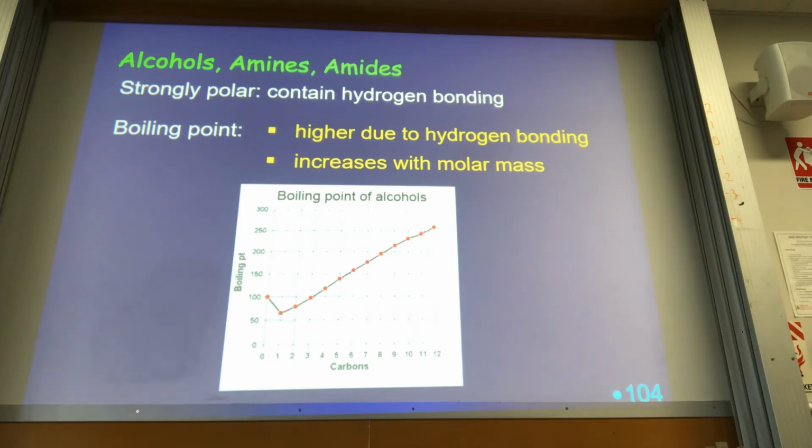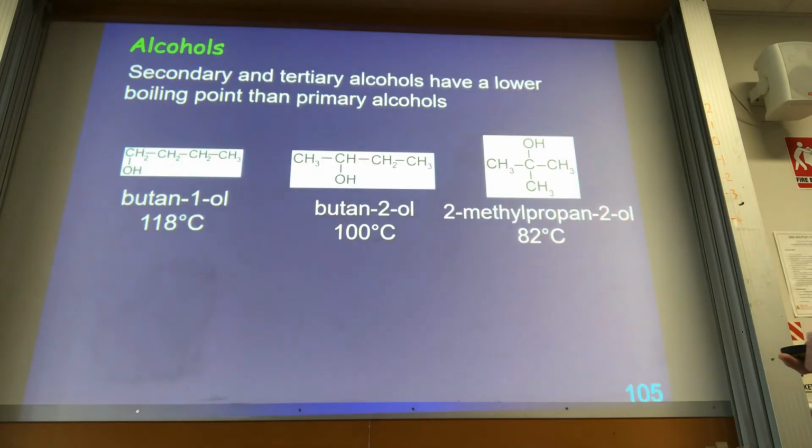And we see the molar mass, as the number of carbons increases, the molar mass increases. That means stronger dispersion forces, and you can see the effect that that has. Because primary alcohols, you've got the hydroxyl group right at the end of the molecule, easily accessible to anything else.